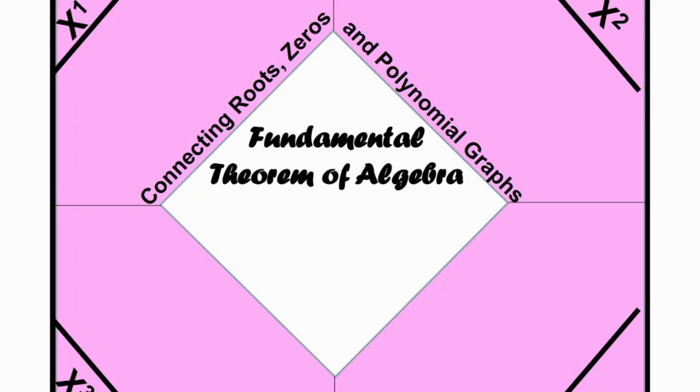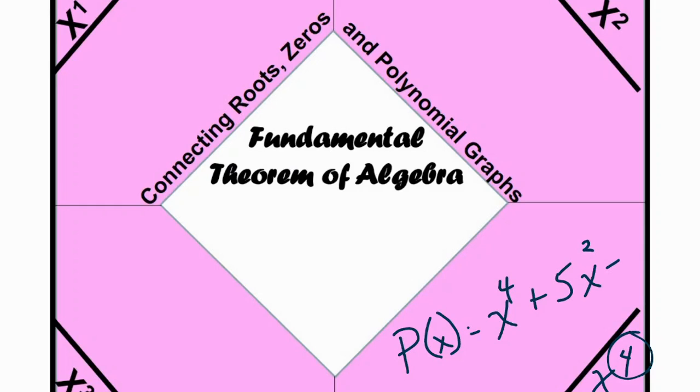Let's look at an equation to the 4th degree now that we know that the total number of roots should match this degree. I'll provide you with an equation: x to the 4th plus 5x squared minus 36.